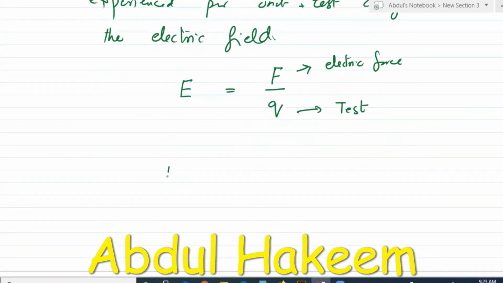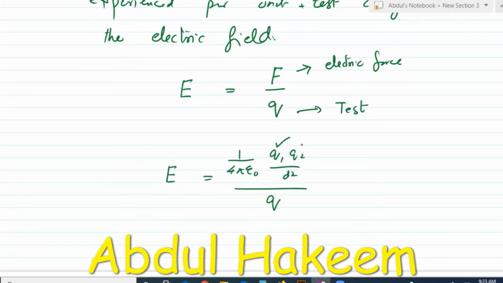Now, E is equal to this electrostatic force, according to Coulomb's law, 1 over 4 pi epsilon naught Q1 Q2 over d square, divided by Q. Now, remember, one of the charges is the point charge and the other is the test charge. In this product, one charge will be considered point and the other will be considered test. Suppose Q2 is the test charge, it cancels with the test charge, and you can take Q1.